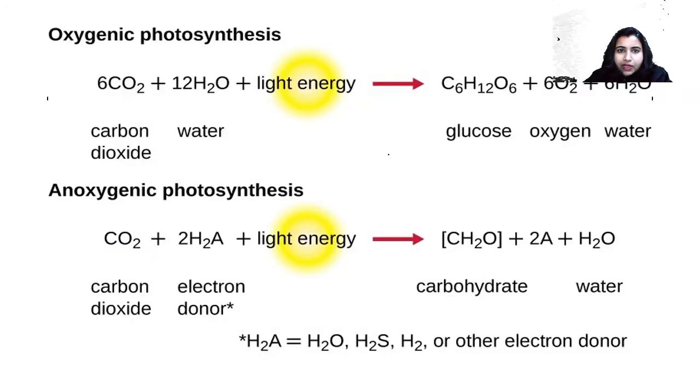Clear, everyone? Now, photosynthesis is of two types, oxygenic and anoxygenic. In oxygenic photosynthesis, there is an elimination of oxygen, right?